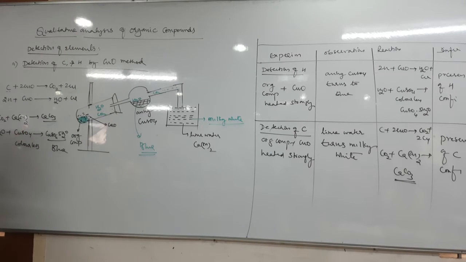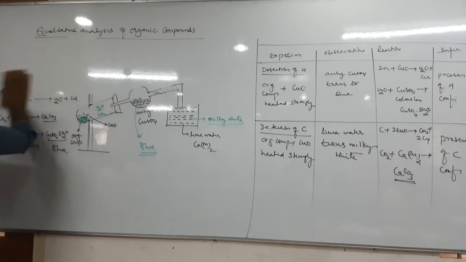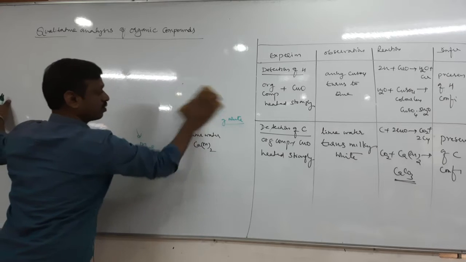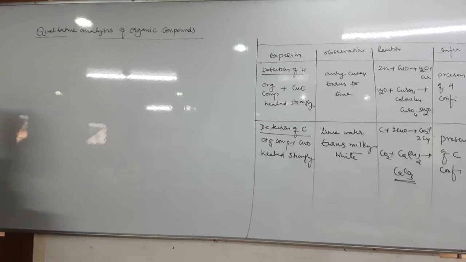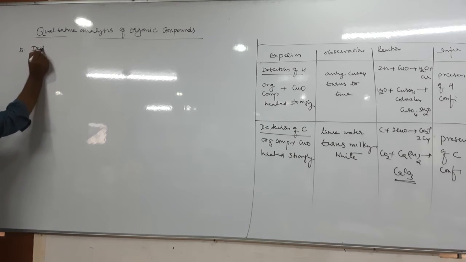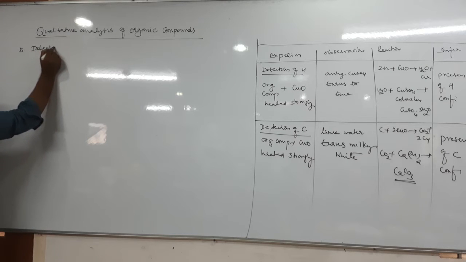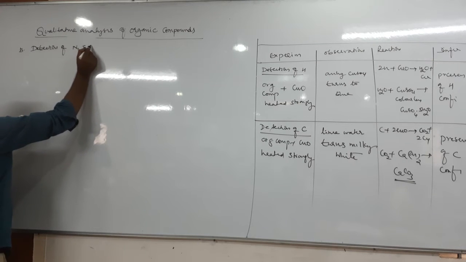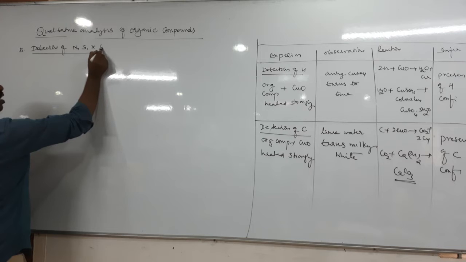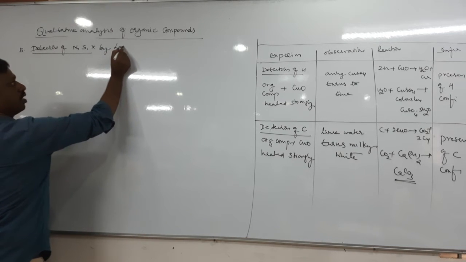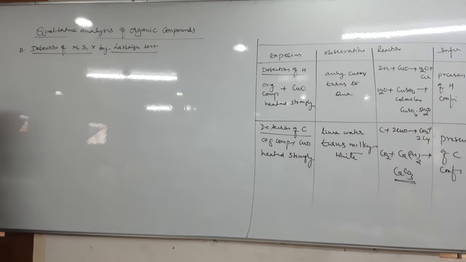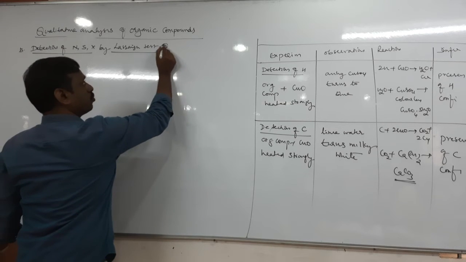Next, the detection of nitrogen, halogen and sulfur. For the detection of nitrogen, sulfur and halogen, the particular method is the Lassaigne test. The Lassaigne test is also called the sodium fusion test.